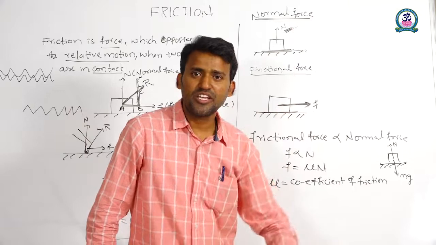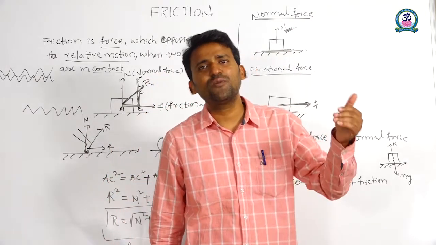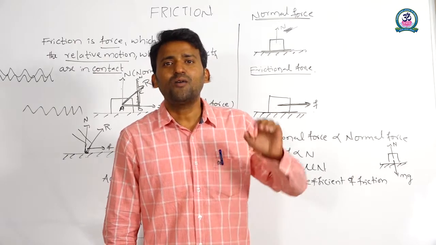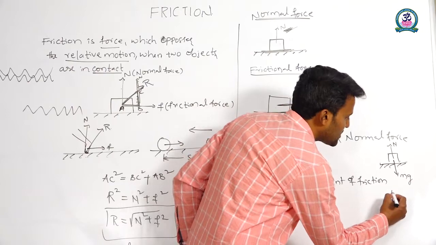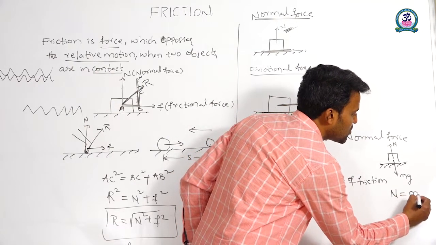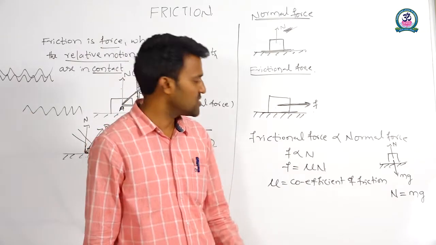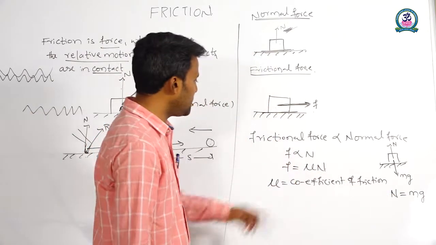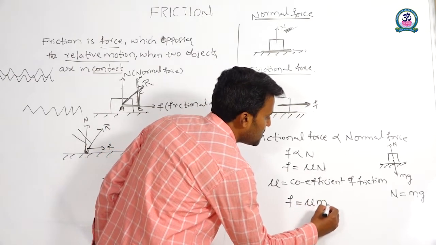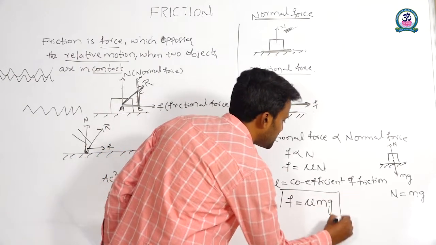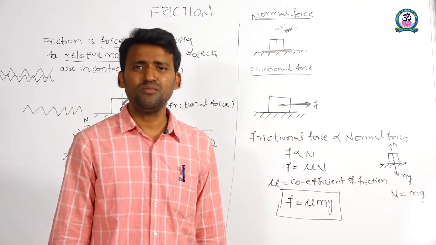So there is no acceleration of the block, and upward force equals downward force. Upward force is the normal force, and downward force is mg. So N equals mg. Then F equals mu into mg.